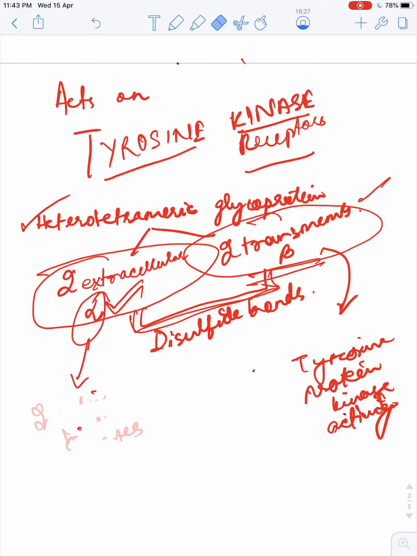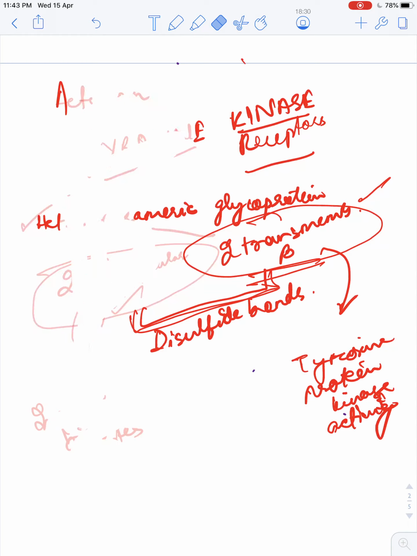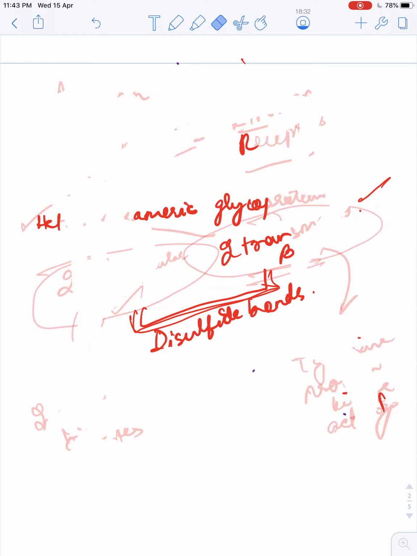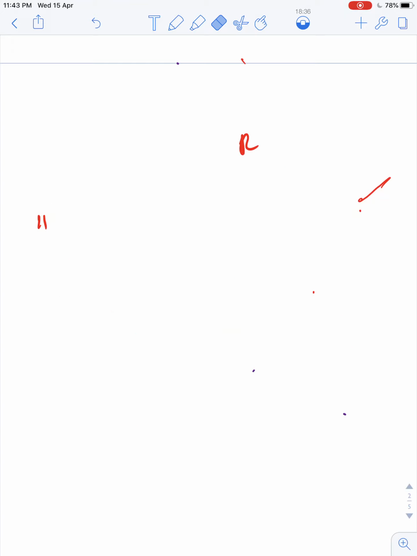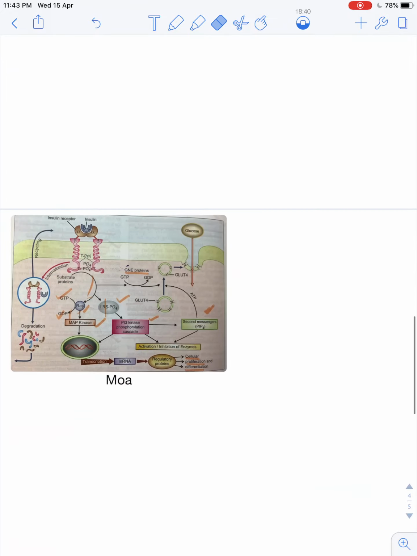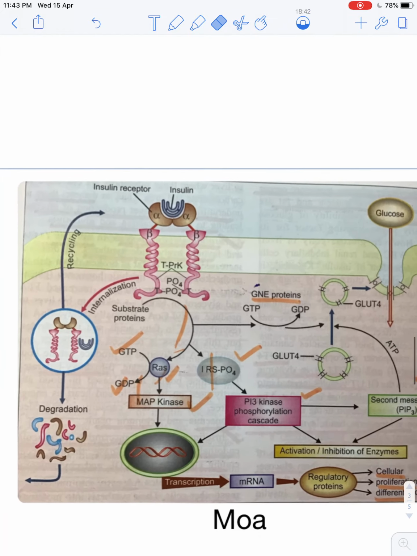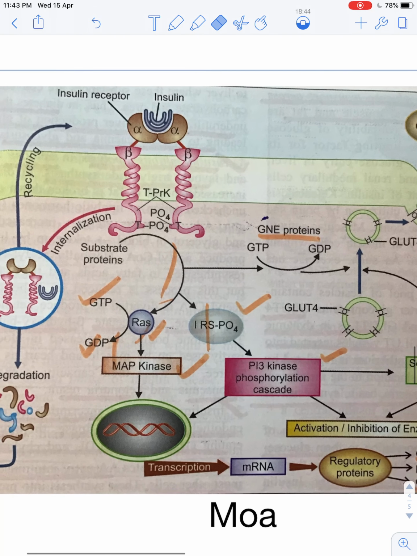So binding of the insulin to the tyrosine kinase receptors, that is the alpha subunits. For this we will see the diagram. So binding of the insulin to the alpha subunit over here causes aggregation and internalization of the receptors. So this receptor will be internalized.